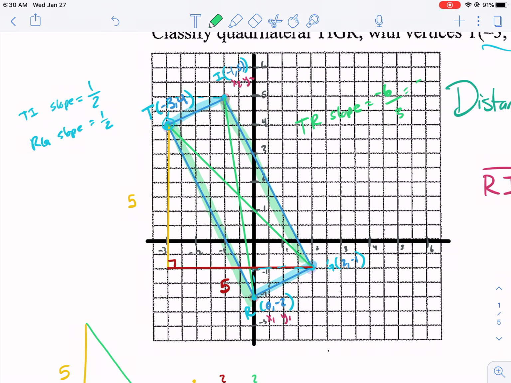So that's equal to negative 2 is my slope. And I just have to do the same thing here, 1, 2, 3, 4, 5, 6, over 1, 2, 3. So I get the same thing. That was slope of IG, slope was equal to negative 2. Negative 6 over 3 reduces to negative 2.